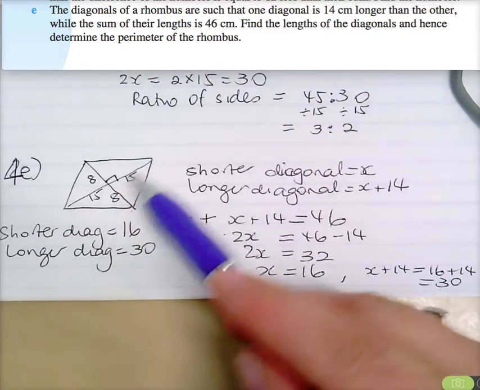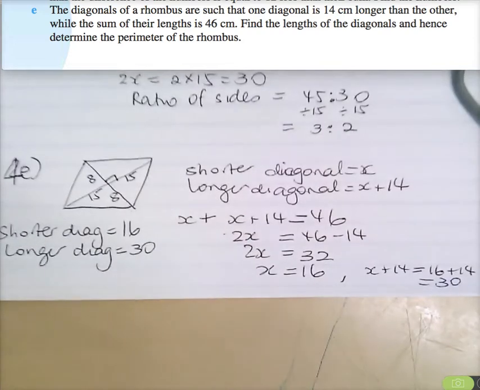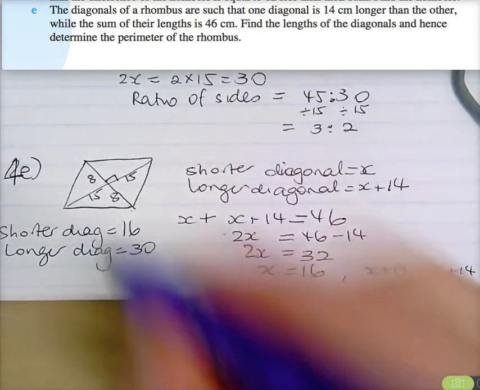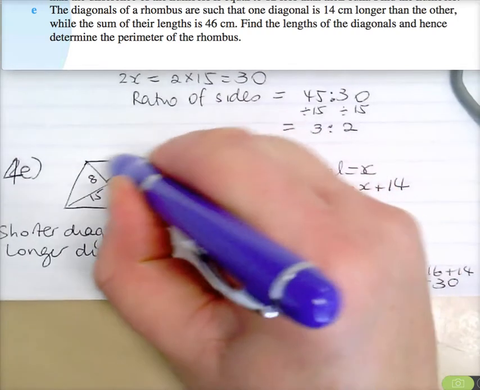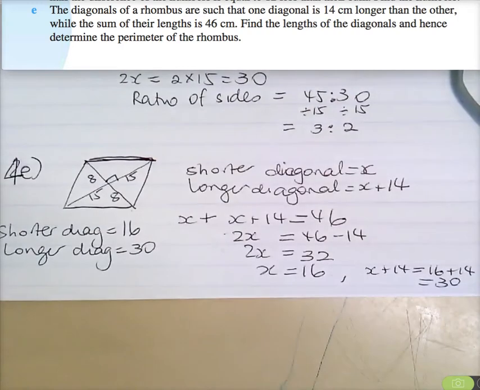Do you know what you're going to do? Pythagoras' theorem, right angle triangle, shorter sides are 8 and 15. You want the perimeter of the rhombus.